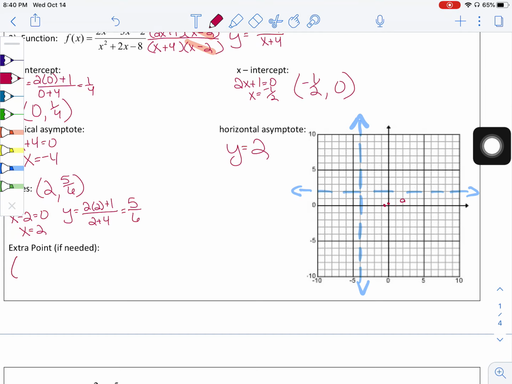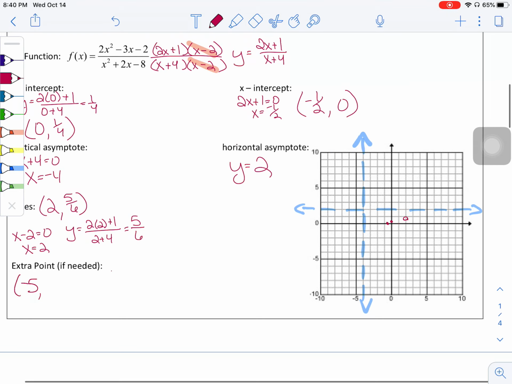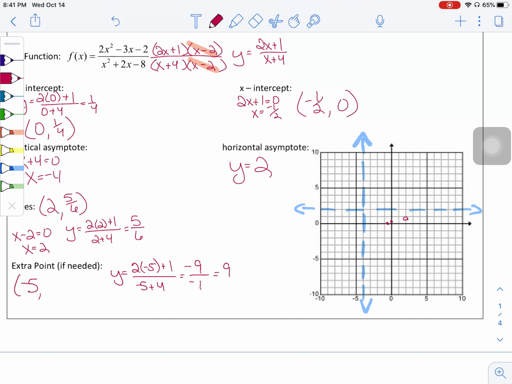So y is equal to 2 times negative 5 plus 1 over negative 5 plus 4. So negative 9 over, doing this in my head, negative 1, so just 9? 9. Okay. So this negative 5 right here, there's a point way up here at positive 9. So I'm going to go ahead and mark that.